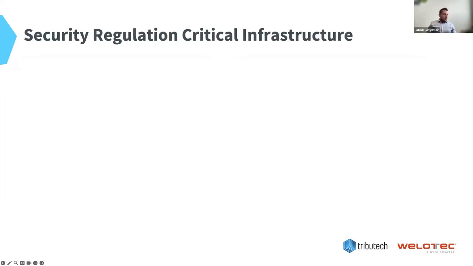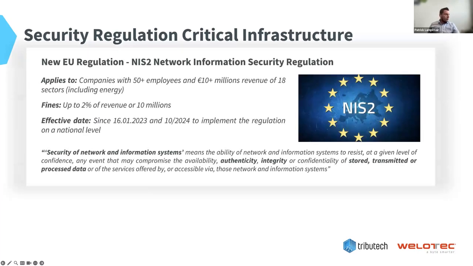And besides the potential impact on a business, there are also many security regulations in place, or upcoming, targeting critical infrastructure, but also companies in general. In Europe, one of the most important regulations is NIS2, the Network and Information Security Directive.